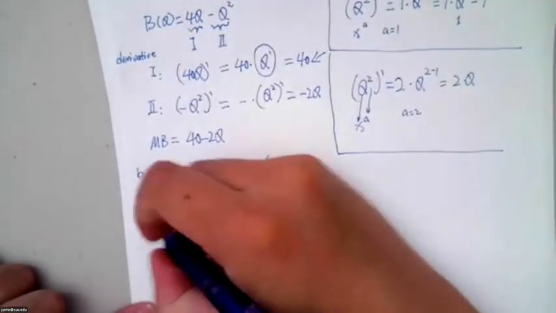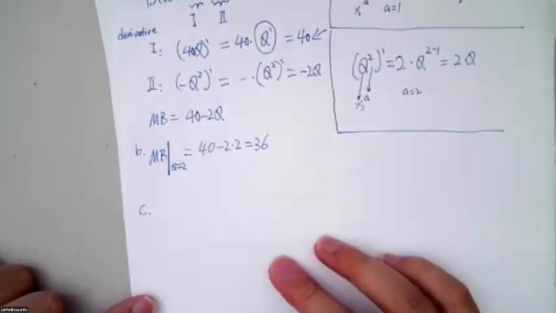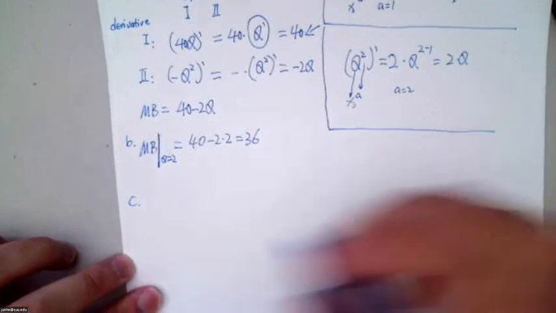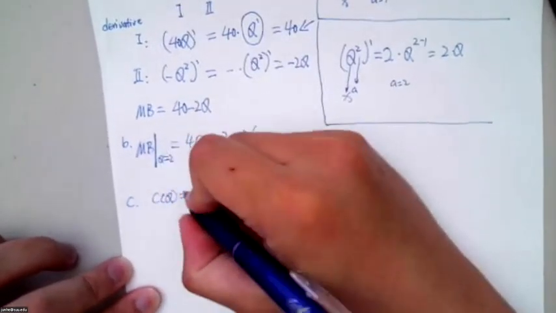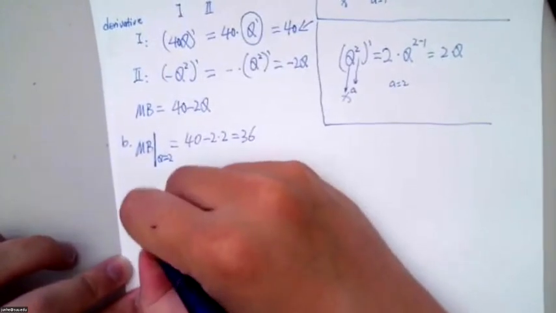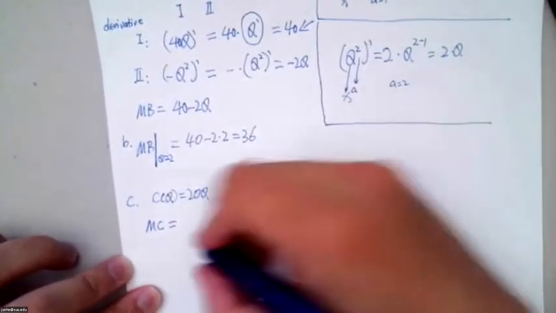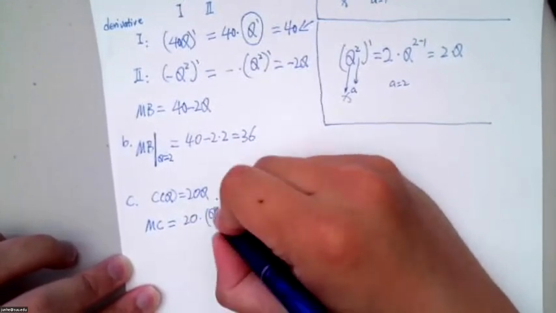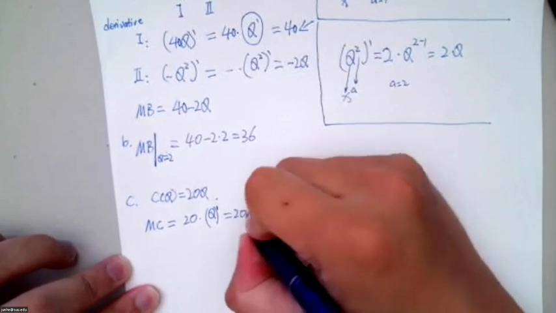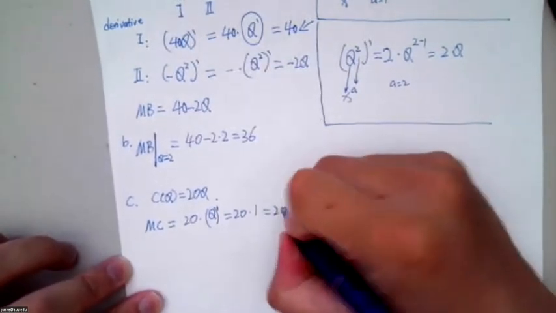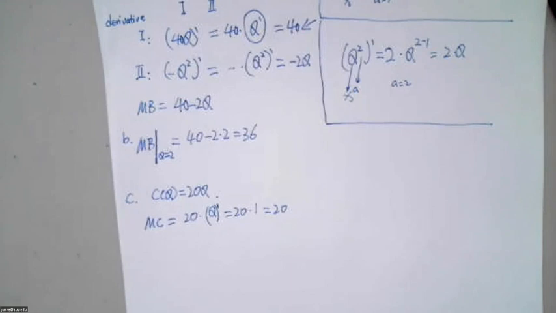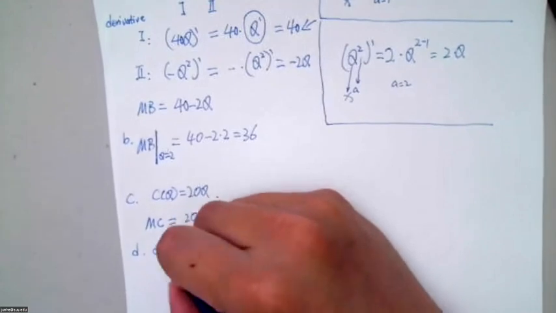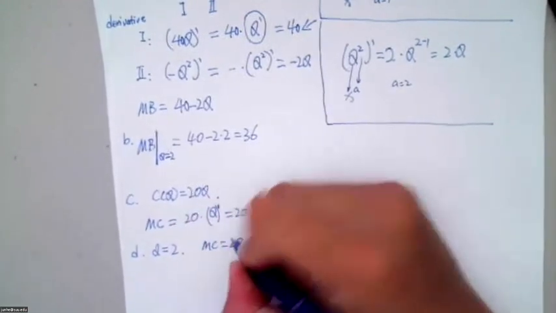Okay, so now let's move to the other side, which is marginal cost. Here, the cost function is 20q, and its derivative, which is marginal cost, is 20 times the derivative of q with respect to q, which is 20 by 1. That is 20 itself. And when q equals 2, marginal cost is a constant.